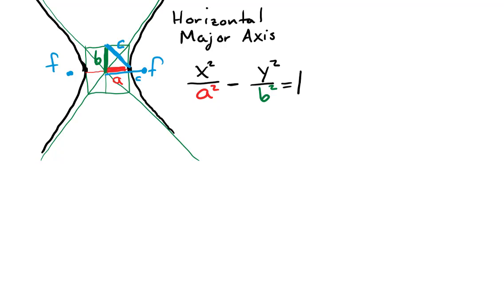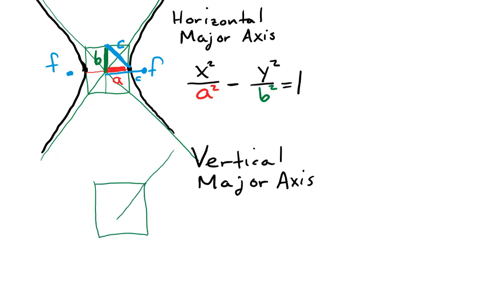It is also possible to draw a hyperbola with a vertical major axis. We start with the same central rectangle and asymptotes, but we draw the hyperbola with vertices on the top and bottom of the box rather than on the sides. Whether it is horizontal or vertical, the major axis always connects the two vertices.